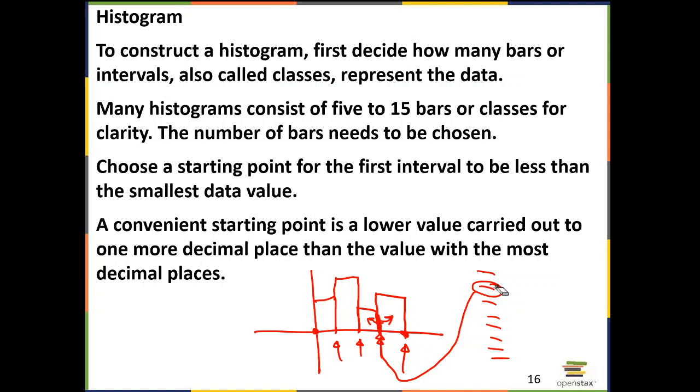So in order not to have any of these fall on the boundaries, we use a trick. The trick is to make sure that the number of decimal places we use on the boundaries is one more than the maximum number of decimal places used in the data. I'm going to explain it in a second.